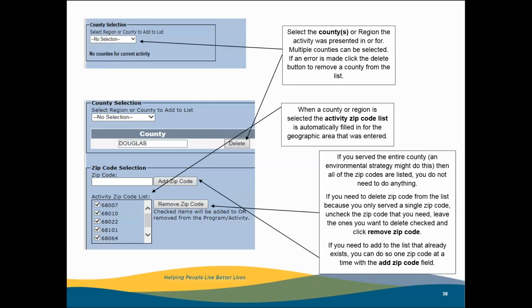Okay, so the next field that you will be asked to enter is what area is being affected by your strategy. This gets really complicated. There are going to be a number of screens about it.